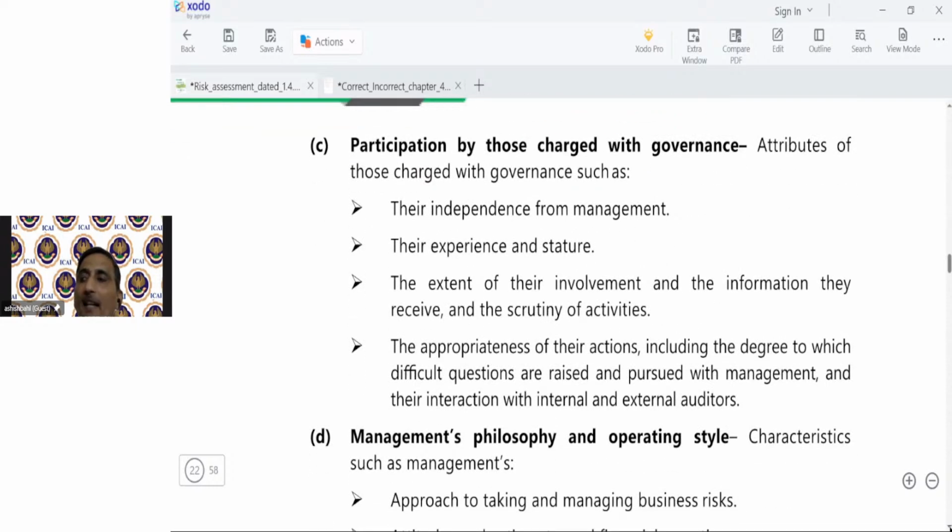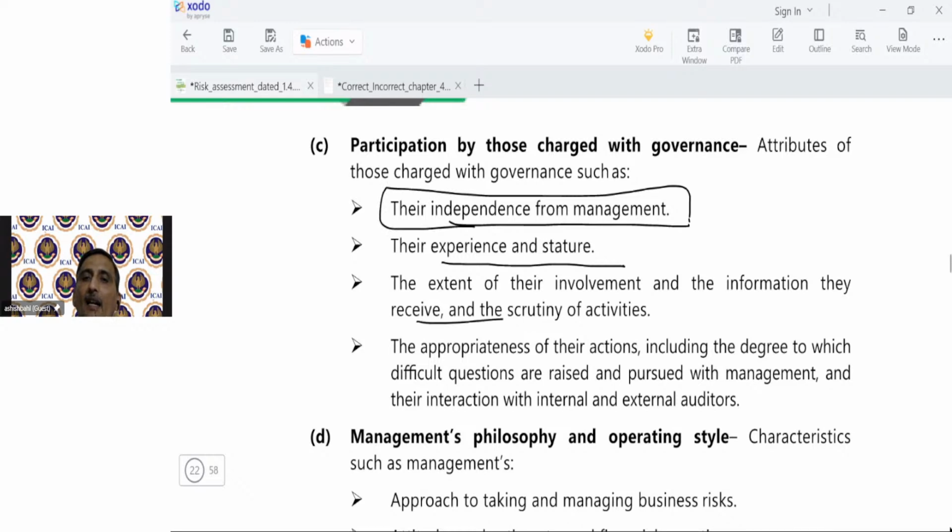Participation by those charged with governance. The people who are responsible for governing the company, what is their experience, what is their skill, whether they are independent from the management, and what information they receive. Then management's philosophy and operating style.